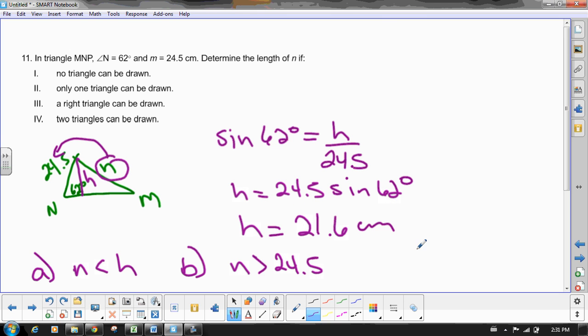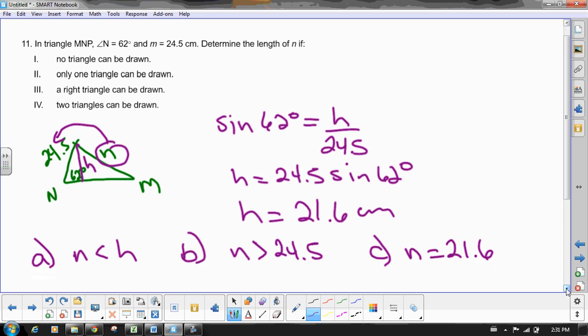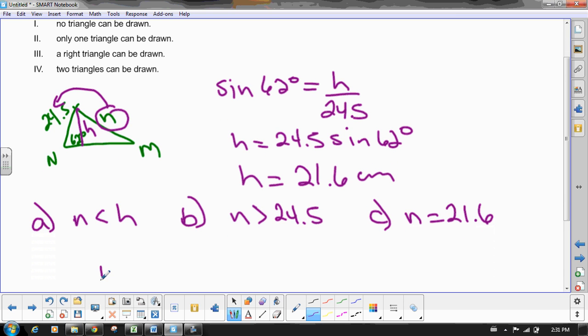Then if there's going to be exactly a right triangle, that's the one where we have the actual height, so it'll be 21.6. So in terms of the ambiguous case, n has to be between 26 and 24.5.